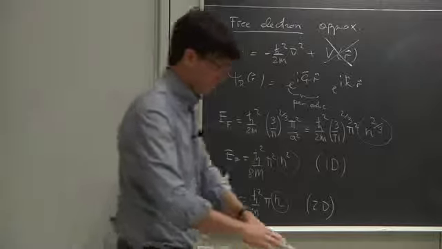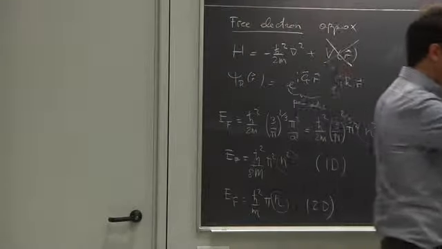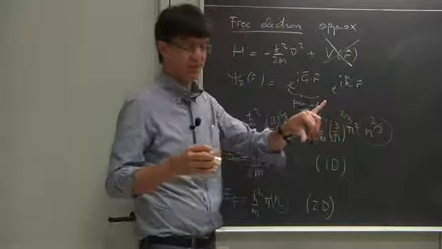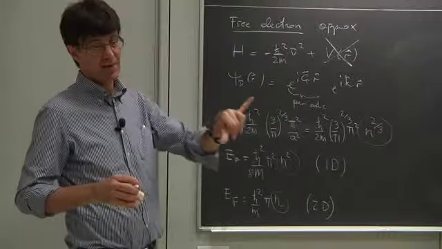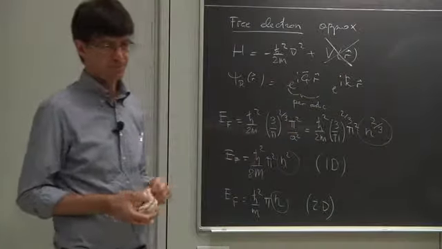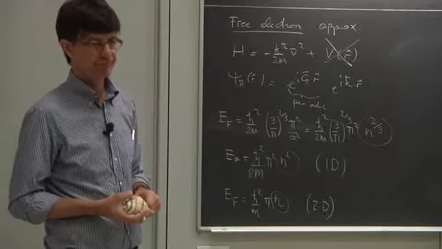Because as soon as you fill your parabola, you're going to fill states which are all the same distance from the origin, and the same distance from the origin means the same kF, and same kF means same kF squared, and same kF squared means same energy. Okay?